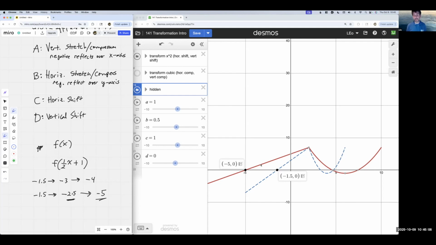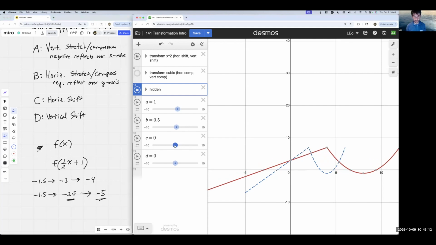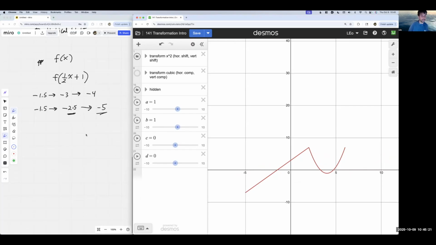Outside the function, things like our vertical transformations, we follow the order of operations. So for example, let's just do something like 2 f of x minus 3. Right? And let's think about one of our points and try to figure out where it's going to end up.